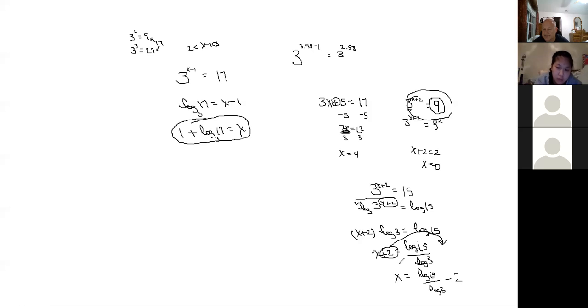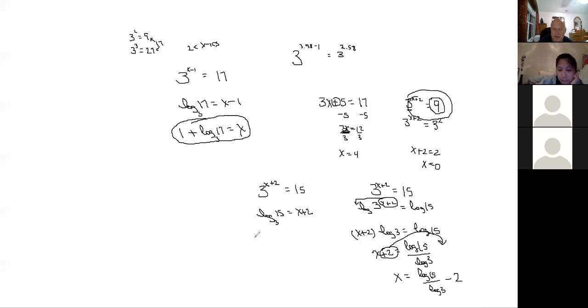There you are. So, yeah, but that's different than how you did it up here. I know. You can do it two different ways. I'll show you the way we did it over here by the same technique. 3 to the x plus 2 equals 15. So this was going to be log base 3 of 15 equals x plus 2.